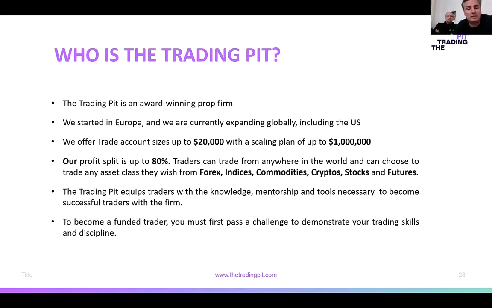Our profit splits reach up to 80%. There are some tiered models there, but in essence, we're flexible. I don't think we look at any trader as a number. We really look at these traders as individuals, and we want to make it work. If somebody has talent, we work with these guys long term.